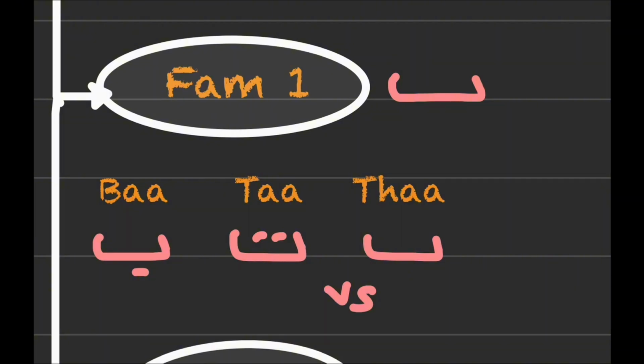So ta, two dots, and tha, three dots, and that's it. So in conclusion, you have ba, one dot down, ta and tha both having dots up, but ta is two dots and tha is three dots. Nice. So that's for the first family.